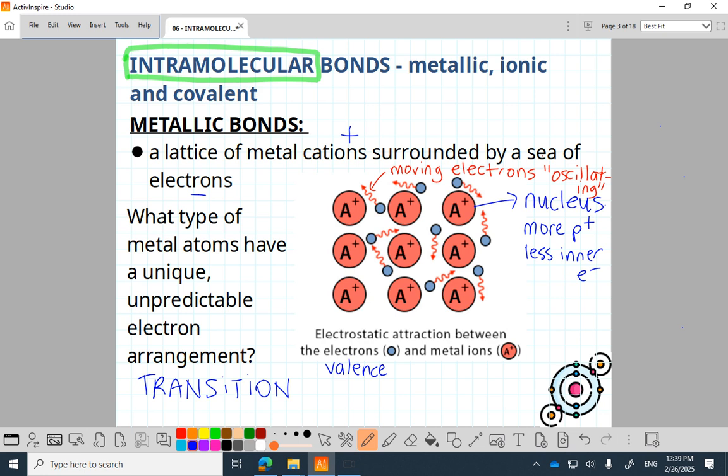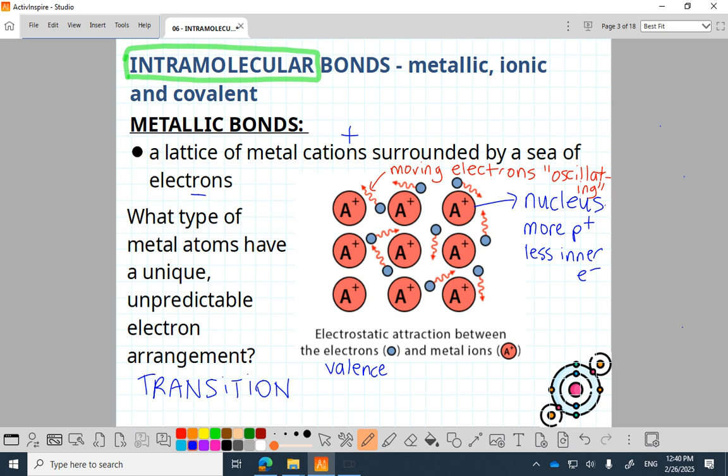But transition metals themselves, as you know, really do tarnish. So putting them with another metal, like an alloy, can make them stronger. So metallic bonds we use commonly. It's not common for you to make them. Again, that would be a very, very specific type of job. Still cool, but very specific.